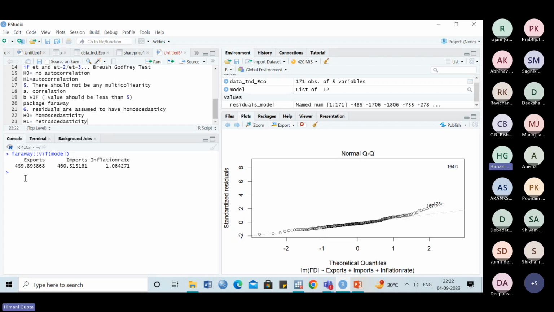Homo means similar. That means however the variables are scattered, the distance will be equal, and hetero means somewhere distance will be less and somewhere distance will be more. You will have a fan-like shape over there. If you are getting the fan-like shape, you are having heteroscedasticity. If you are not having a fan-like shape, it will be homoscedasticity. Got it?